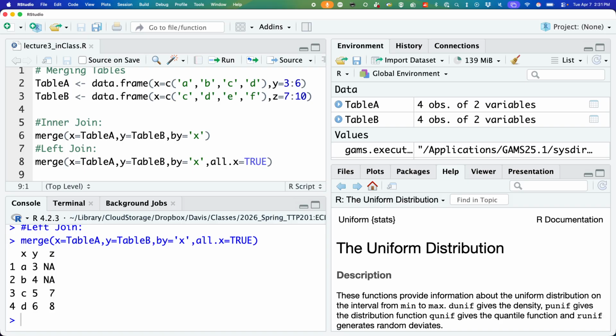It keeps all of the data from the original table A, and then it puts in NAs for any values that weren't matched in table B.